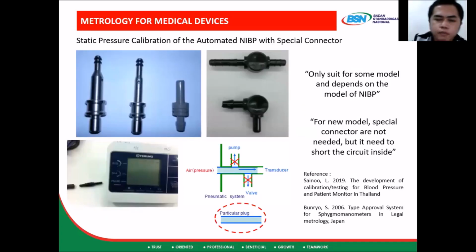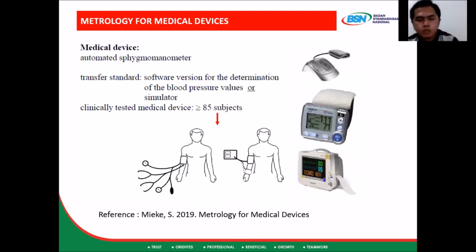Then after the static pressure, there's the dynamic pressure: the traceability of the automated sphygmomanometer. The determination of the systolic and diastolic pressure is traceable to the transfer standard, which is the software version for the determination of blood pressure value, or a simulator, which is clinically tested with more than 85 subjects.